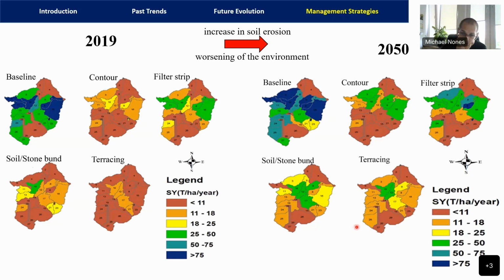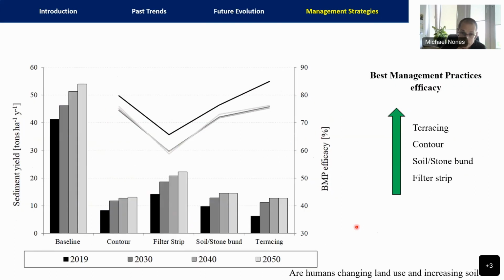So this gives us some indication about what can be done, but also what the limitations of our approach are. Basically, what can be done is to investigate a series of management practices to see what happens in terms of sediment yield and what are the most efficient practices at the watershed and sub-watershed scale.